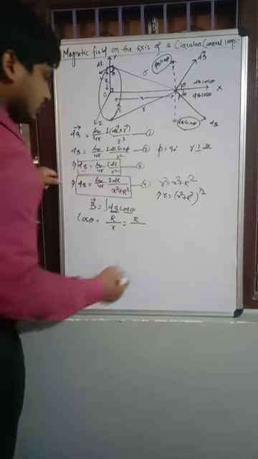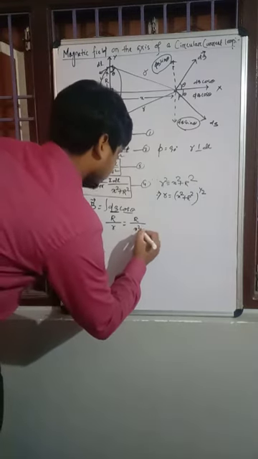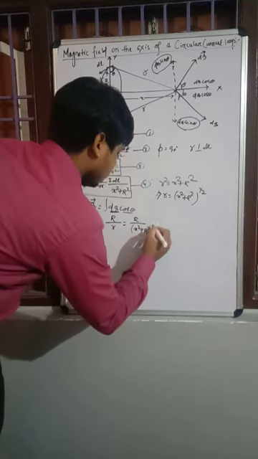So I can write this small r is equal to x square plus r square to the power half.